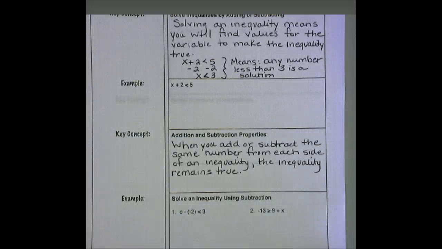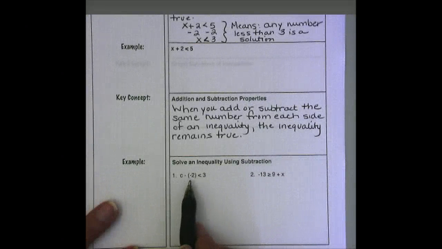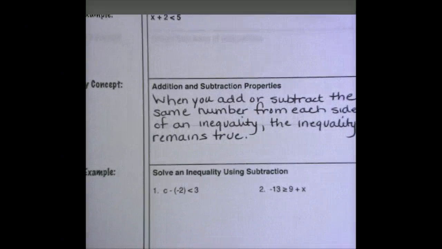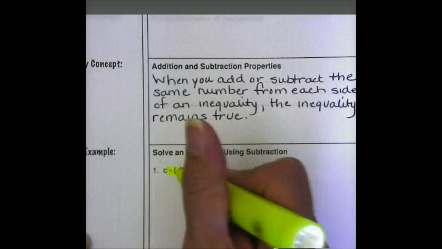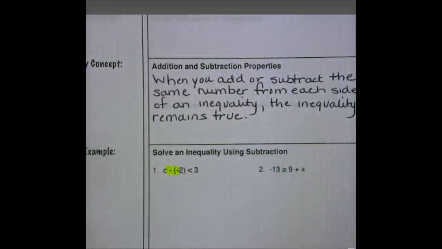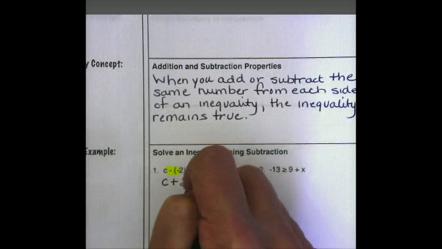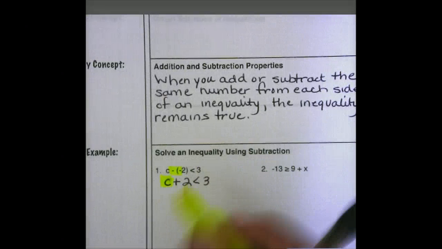So let's take a look at the examples down here. For number 1, we have c minus -2 is less than 3. Now we've talked about these on several occasions that when you have this minus a negative, it becomes a positive. So the inequality will be c plus 2 is less than 3. Once you get to here, it should be very easy to isolate your variable.